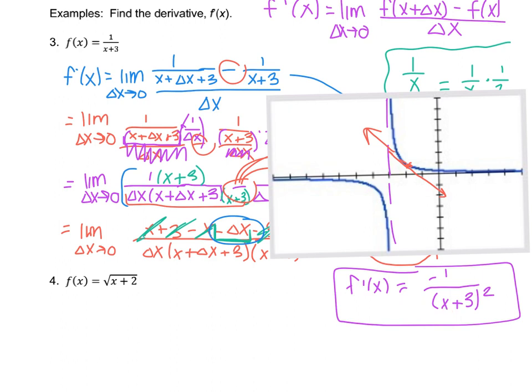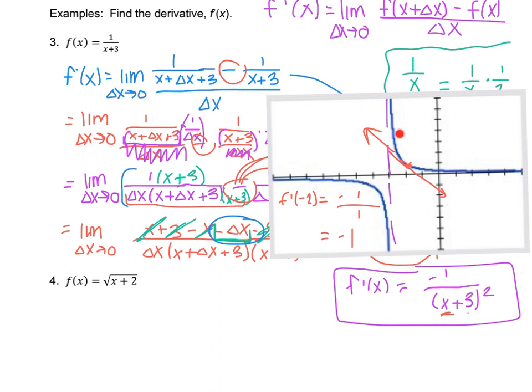So when we do that, I'm just going to do it right here on the graph, f prime of negative 2 means, let's see, that's negative 1 in the numerator. I plug negative 2 in here, add 3, and I get positive 1. Square 1 and you get 1. So right here we get f prime of negative 2 equals negative 1. What does that mean?